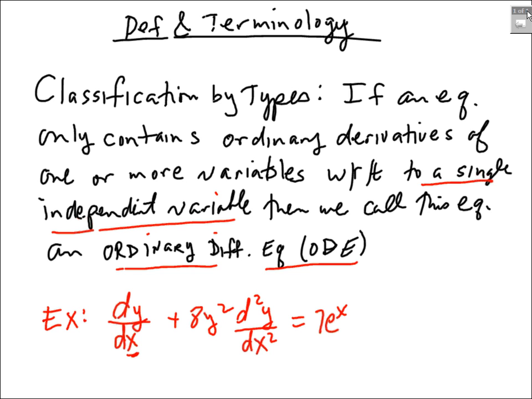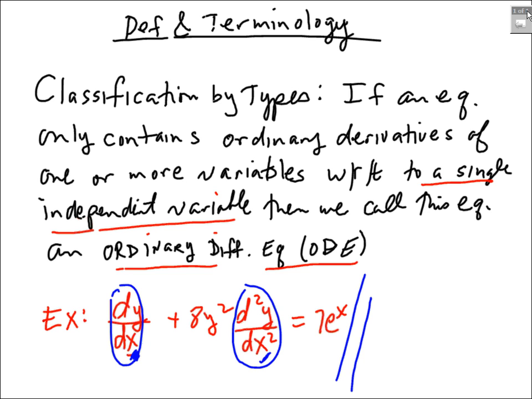That is an ordinary differential equation, because every time you have the derivative, it's ordinary, it's not partial, and it's with respect to one variable, x.